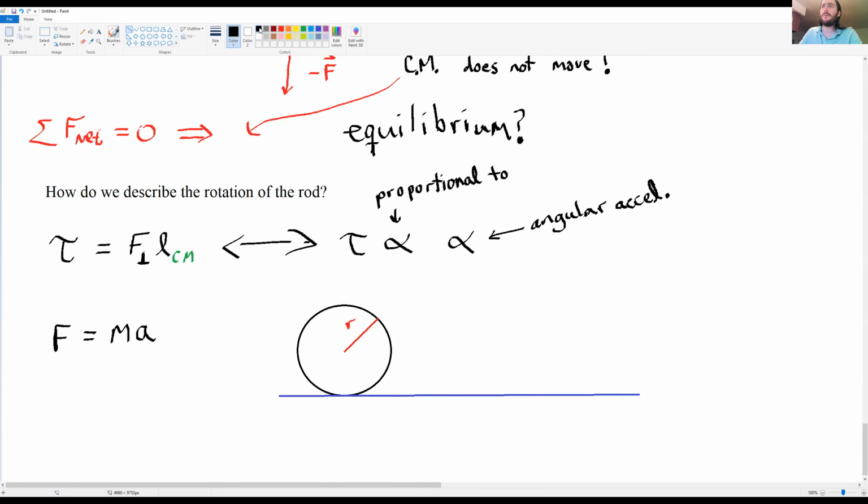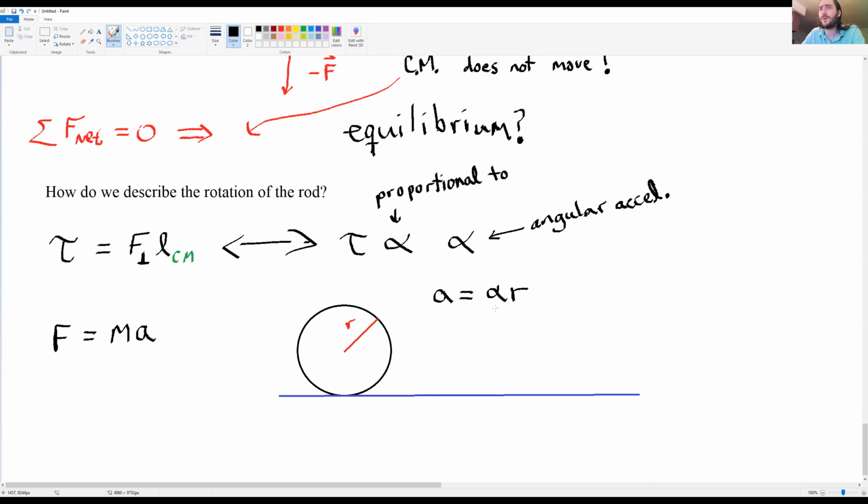If F equals ma, then what I can do is multiply both sides of this equation by r. Actually, here's what I want to do. The translational acceleration is given as alpha times r, right?